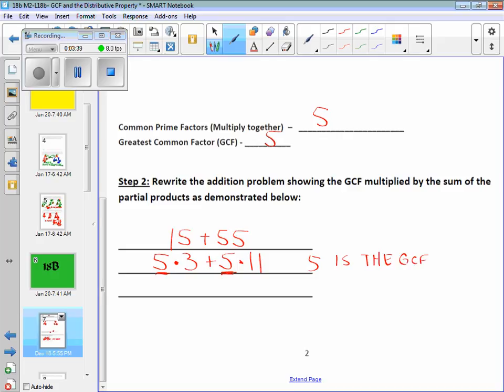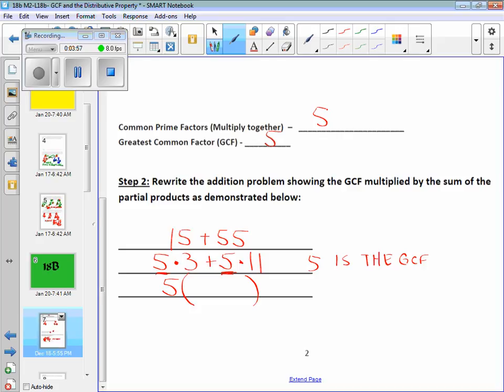And here comes the leap, and tell me if you're okay with this. I am going to take my 5 and put it here again. I'm going to make parentheses.